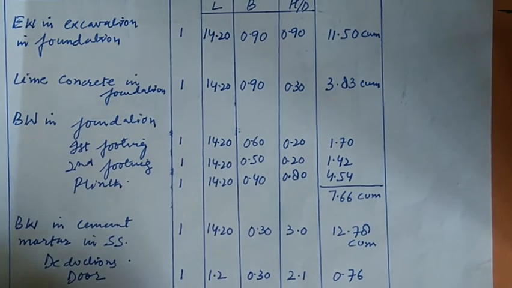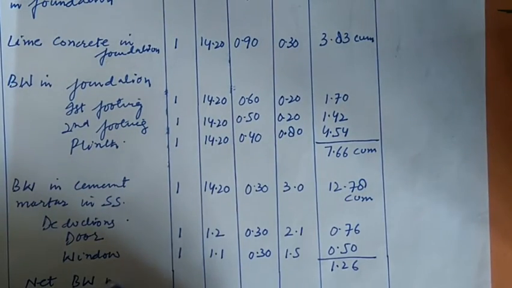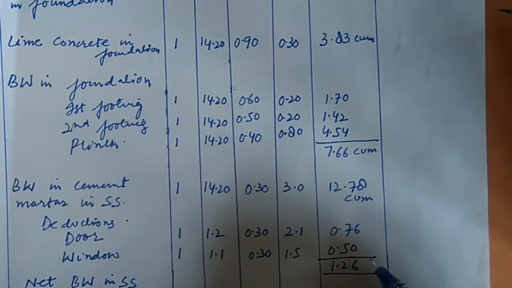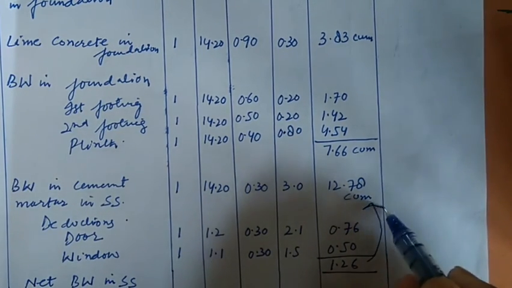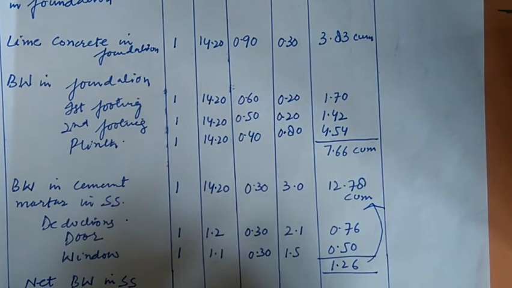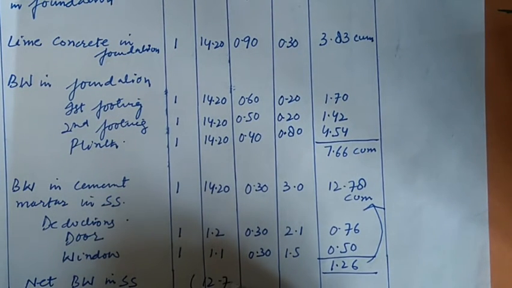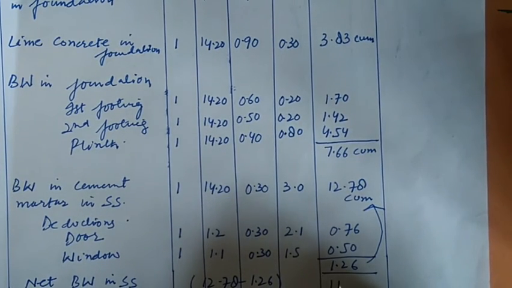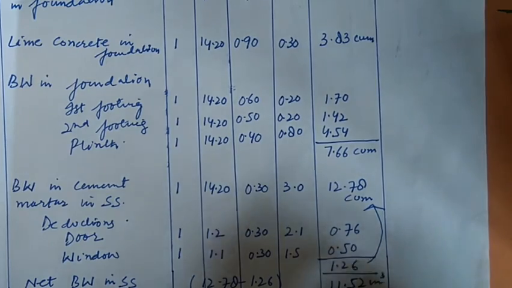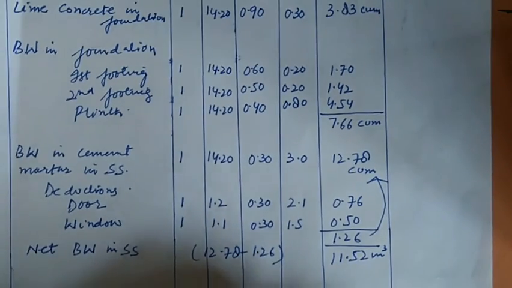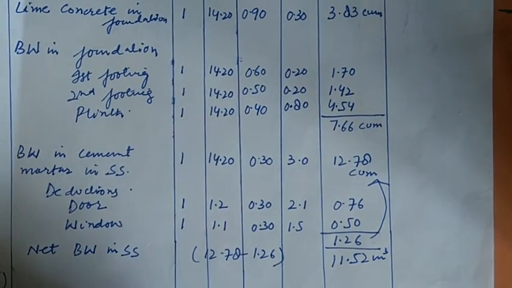Net brickwork in superstructure will be, we have to deduct this 1.26 from 12.78, and it will be 12.78 minus 1.26, it will be 11.52 meter cube.